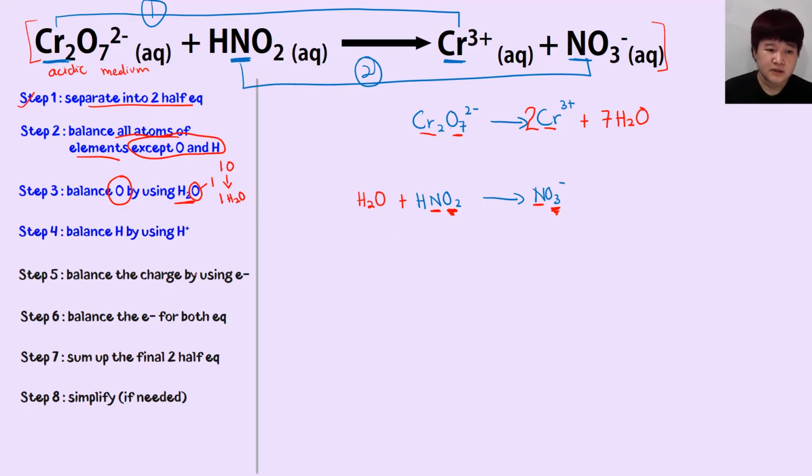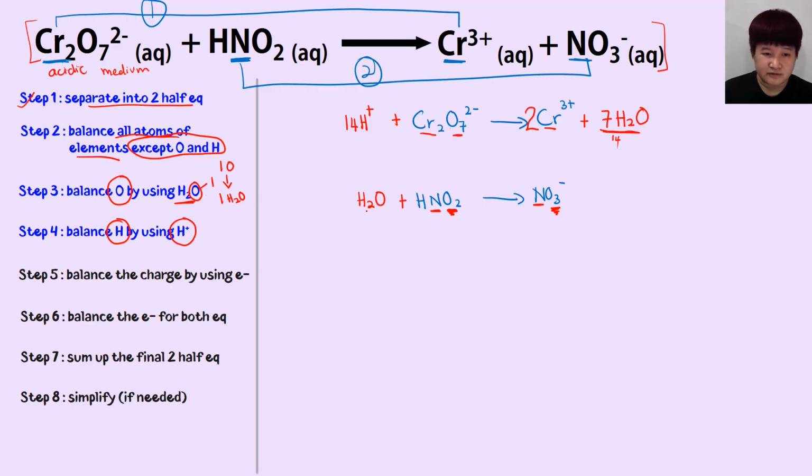Step 4. We will balance the hydrogen using H+ ion. Very simple. You just need to look for how many H are not enough. On the first half equation, on the reactant, I don't have any hydrogen. On the product, I have 7 times 2, so 14 hydrogen over here. So I will add in 14 H+ ion on the reactant, because we want to balance the hydrogen.